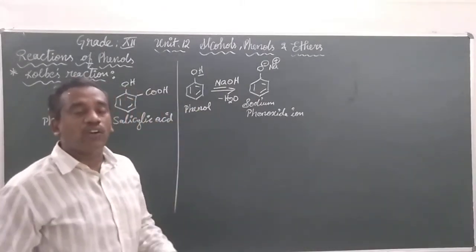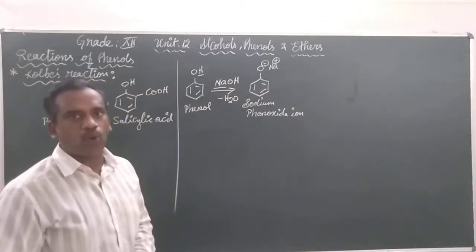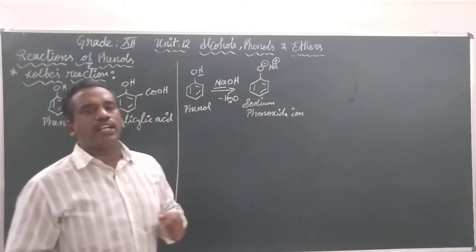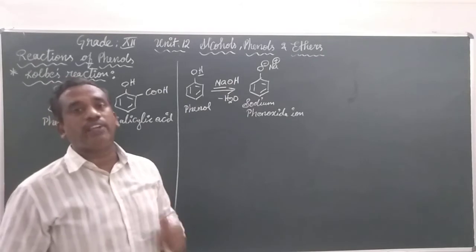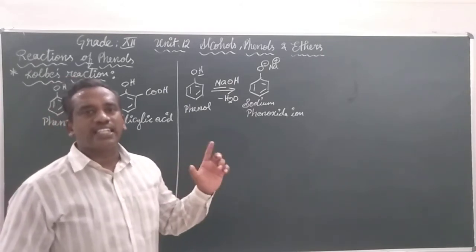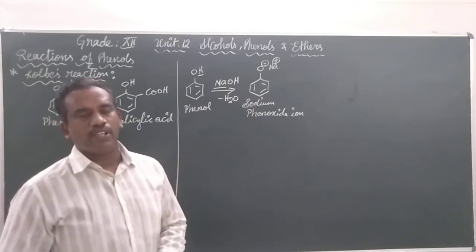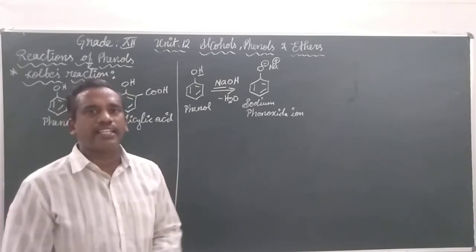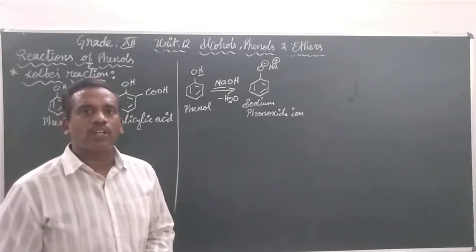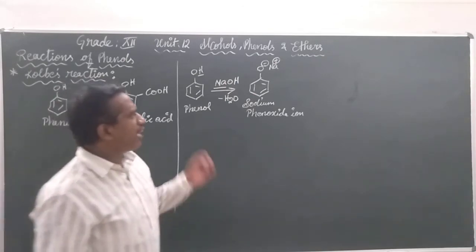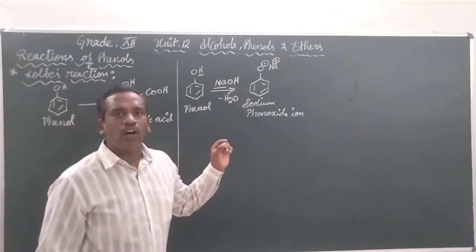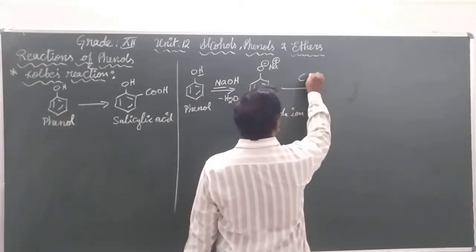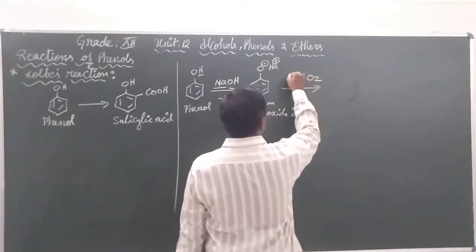We have discussed how phenol reacts with sodium hydroxide. The purpose is that sodium phenoxide ion is more stable than phenol because it is readily involved in conjugation. When conjugation increases, resonating structures increase, and the stability of the molecule increases. Now to this sodium phenoxide ion, we are going to add carbon dioxide.